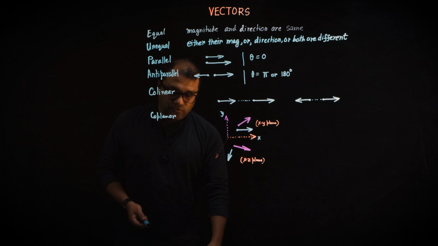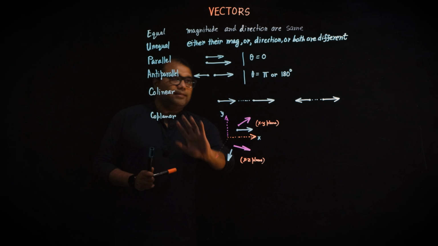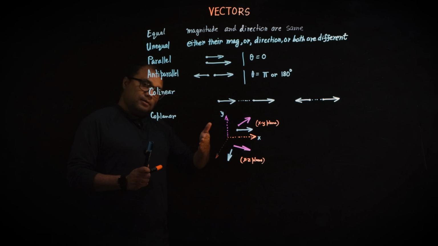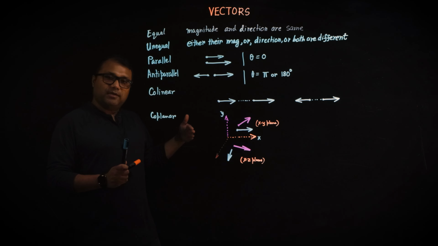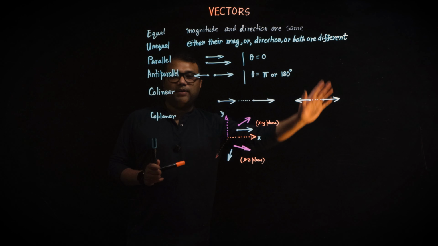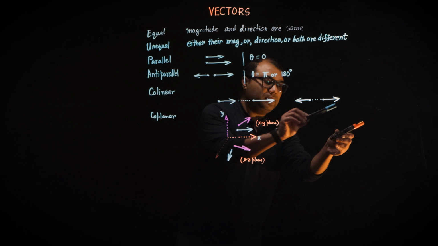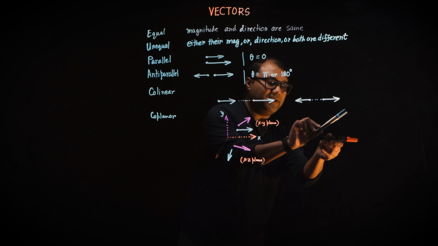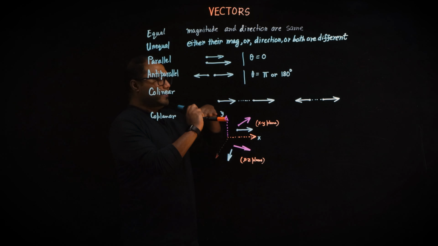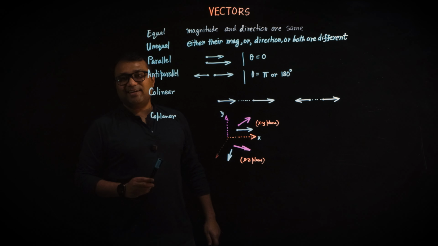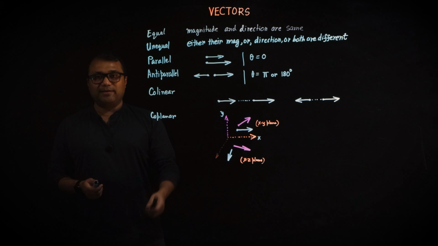If I have any two vectors, and this is my xy plane and the axis coming out of this plane, which is perpendicular to this plane, is the z-axis, the vectors do not need to lie on this plane to be coplanar. Any two vectors, if I join them with a plane, they are in the same plane. So two vectors are always coplanar.